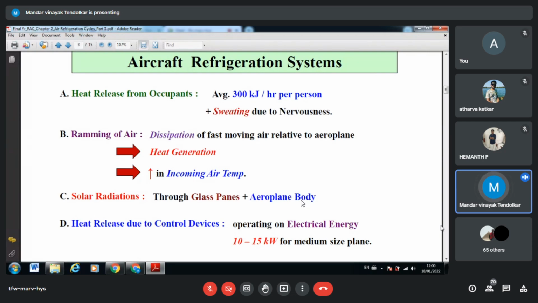And let's say you are flying in a 747 or 777, so let's say there are 450 passengers. What is the amount of heat? 16 into 450 is 7200.